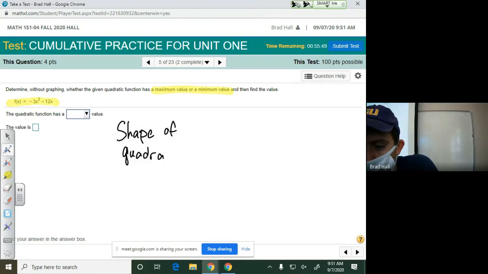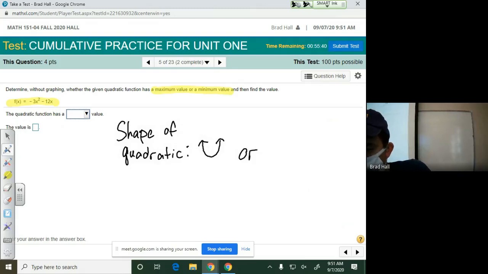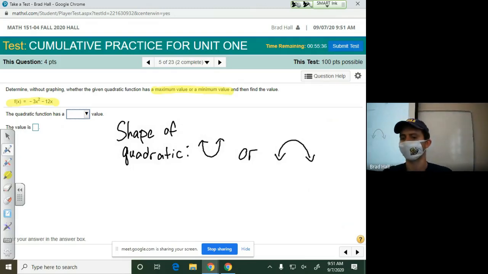Again, I talk about this in the video, but here, it either is a cup that's shaped upwards or a cup that's shaped downwards. So how do we know which one is which? It is the leading coefficient.